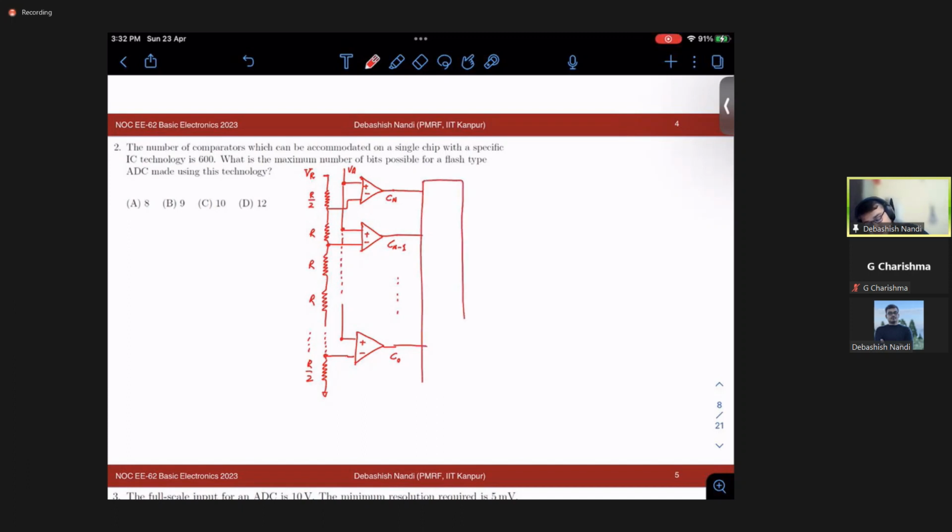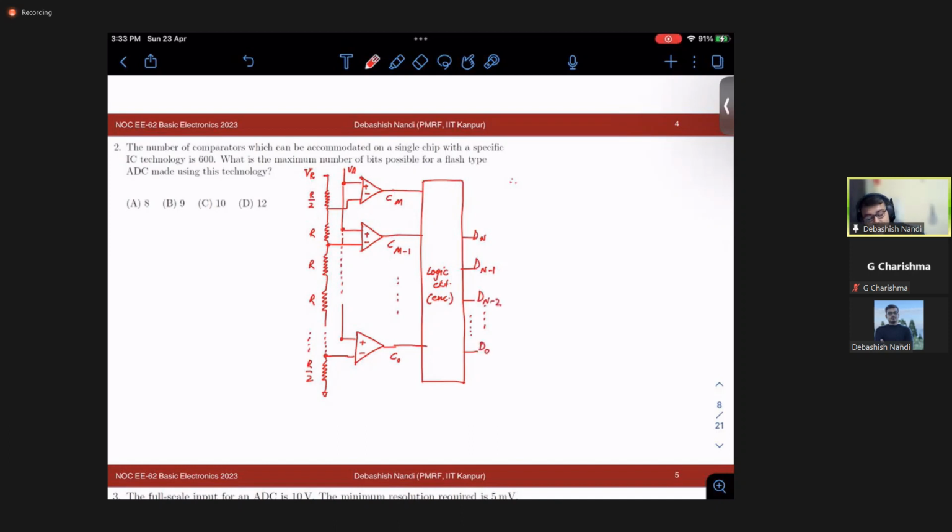This will then be fed to a logic circuit, or say some encoder. So you have your output of some number of bits, dn minus 1, dn minus 2, down to d0.